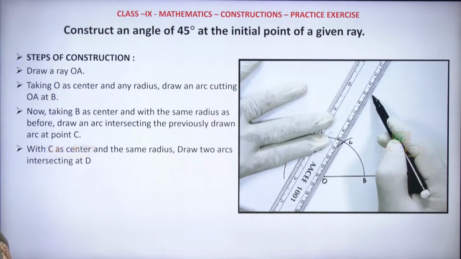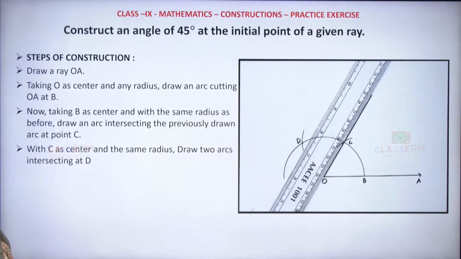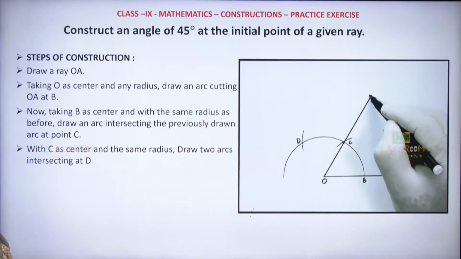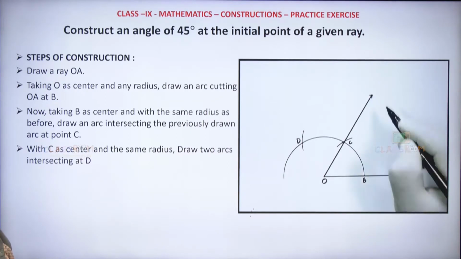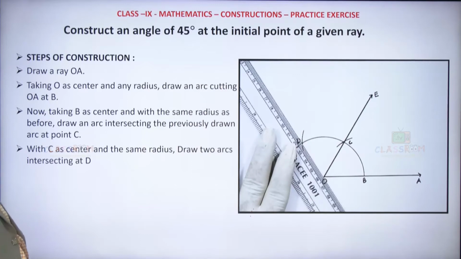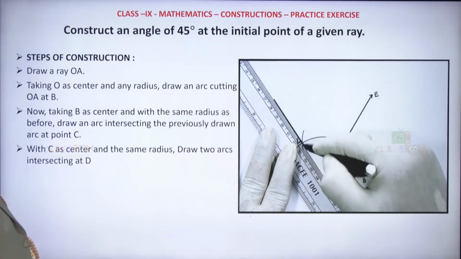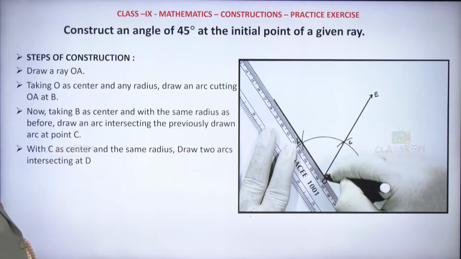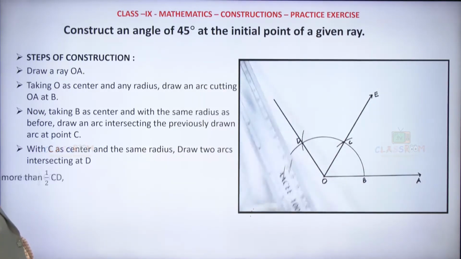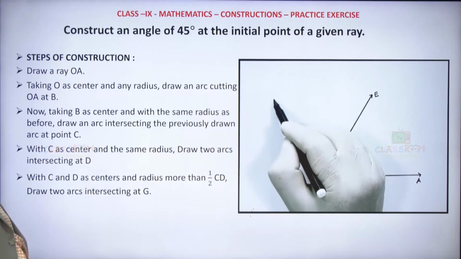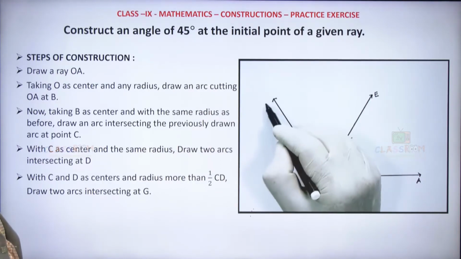Draw a ray through C, which is E. Now draw another ray through D, that is F. Clear?